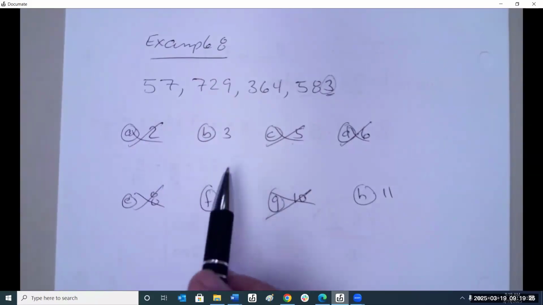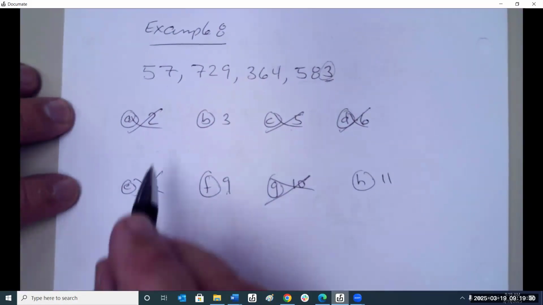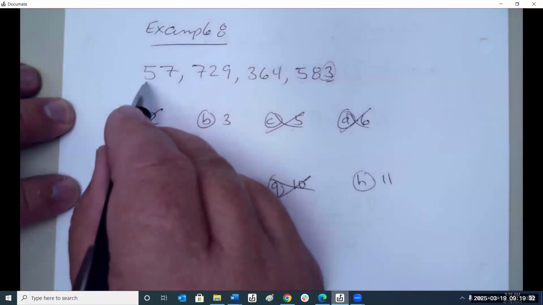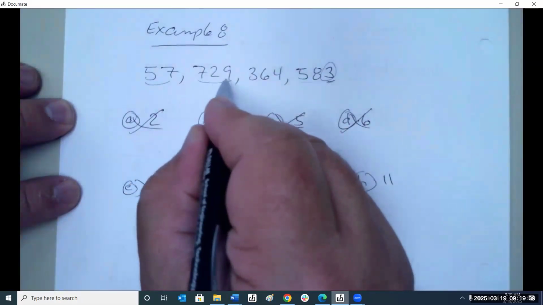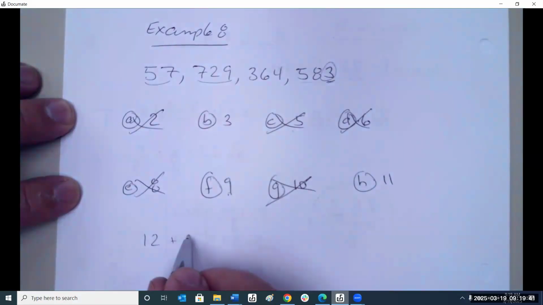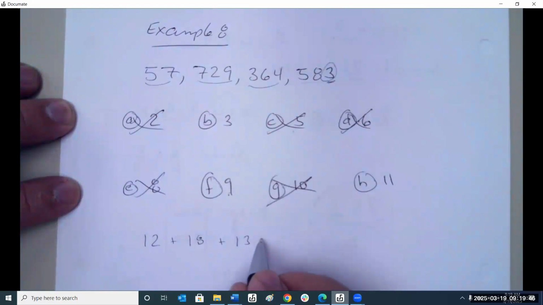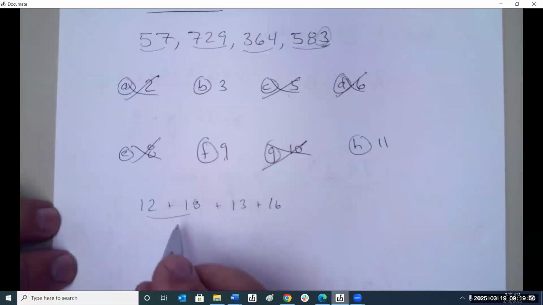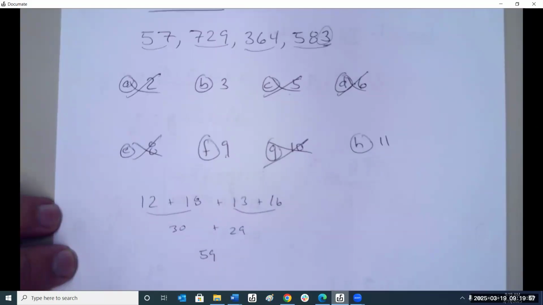Is it divisible by 3 and 9? These are pretty easy because what do we have to do first? Add up all the digits. So 5 plus 7 is 12. 9 plus 9 is 18. 13. 16. 30 plus 29. 59.